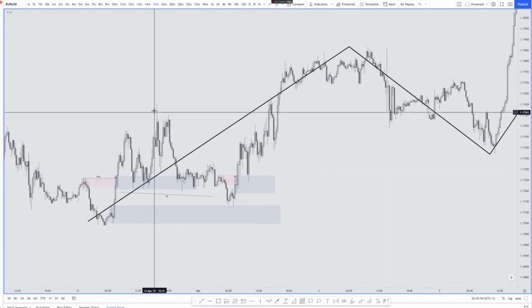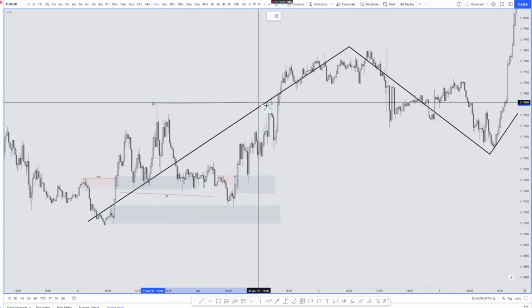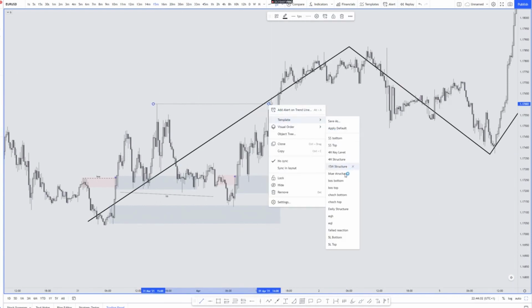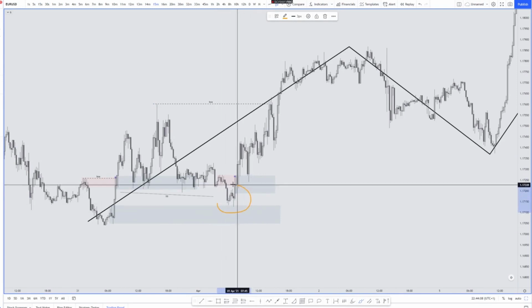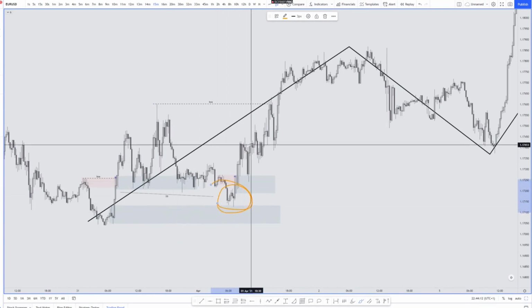So my expectation is, as this high is taken, that we are going to continue on up. At the same time, my expectation is that this low will not get taken if this trend is to continue.